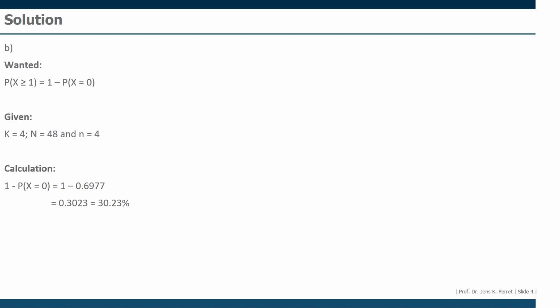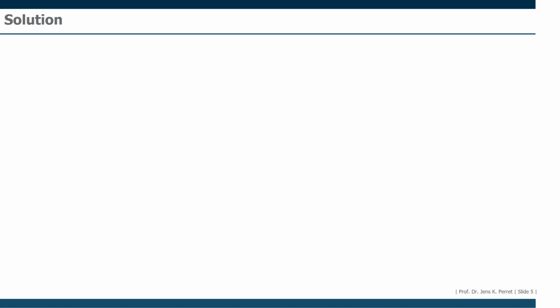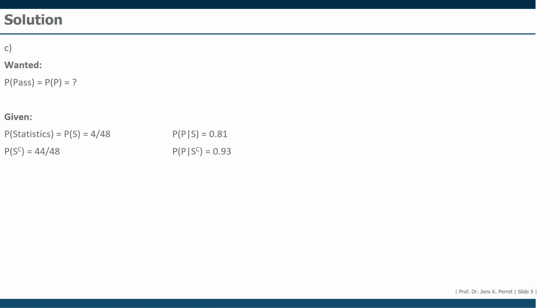So in the third and final part, part C, what we're looking for is the probability that someone will pass a lecture. That's not so much related to the hypergeometric distribution anymore, but it uses the same information we have in the exercise. What we're actually looking for here, the probability that he will pass, is more or less a total probability.